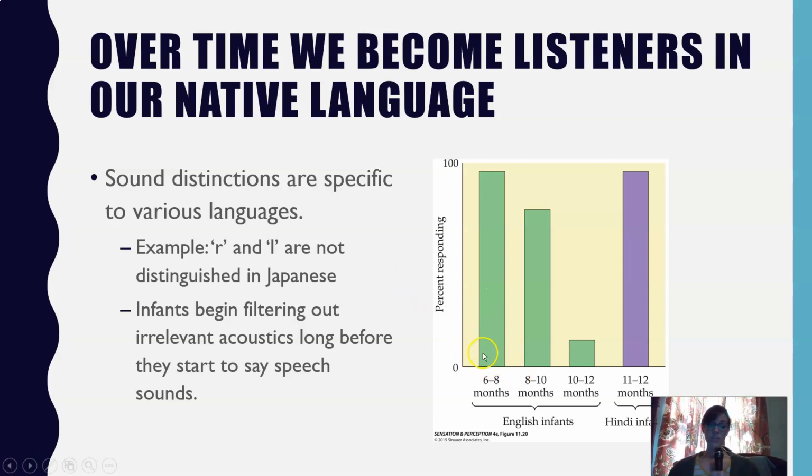Here's what's interesting. At the age of 6 to 8 months, English infants are actually capable of discriminating between those sounds, but over time, especially as they get closer to saying their first words, they lose that ability and they do not distinguish between those slightly different T phonemes.